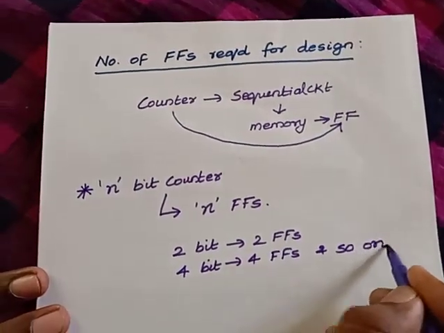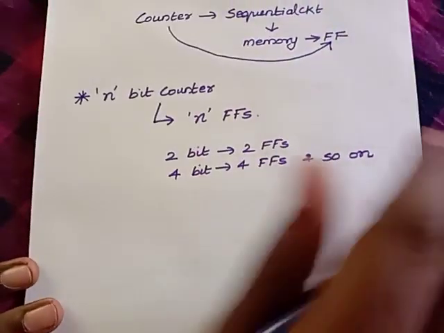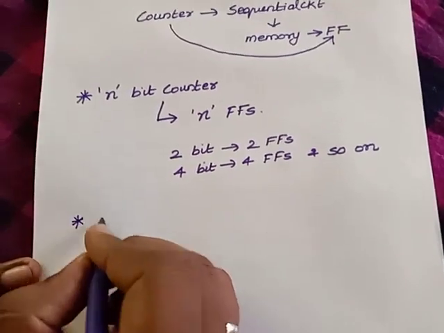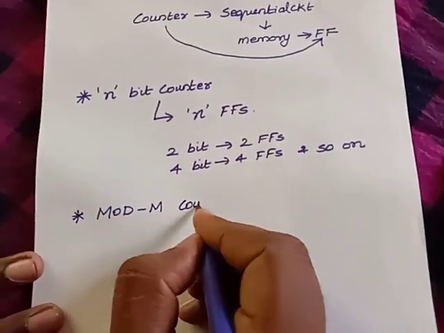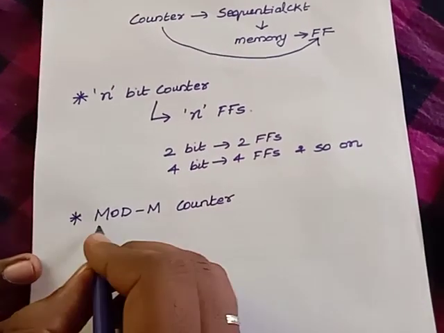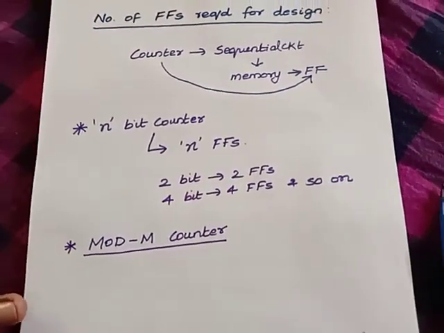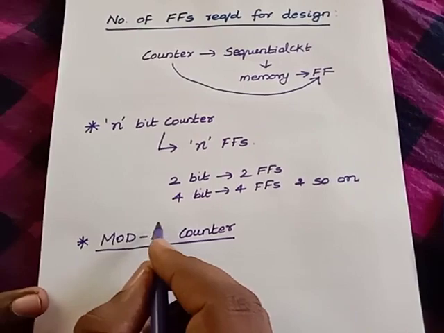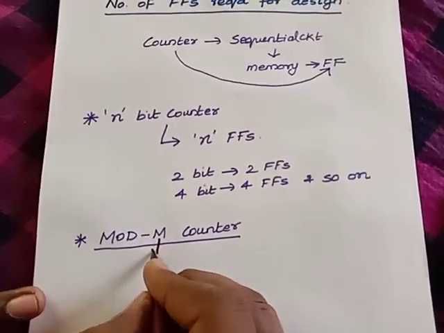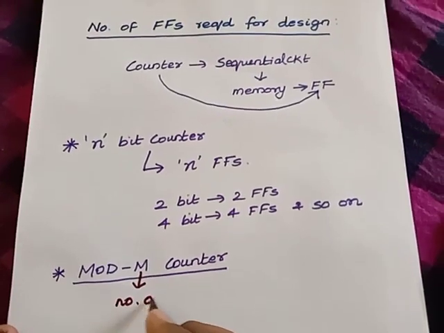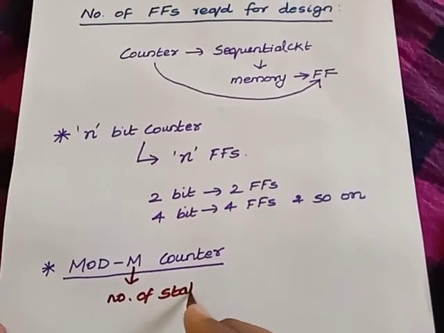So for an n-bit counter, you require n flip-flops. Next, what is the requirement for your mod m counter? Here I cannot simply say that you require this many flip-flops because this m is variable, correct? So we are going to have a new formula. This m tells you the number of states a counter has to count.